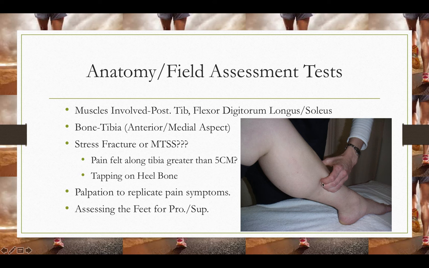As you can see, the tester is reaching really deep behind the tibia and searching along that tibial border to see if they can replicate the pain, which will indicate MTSS. It's also important to assess for any biomechanical or muscular imbalances, so maybe a proper squat analysis to check for foot pronation, supination, or simply standing anatomically and assessing for that.